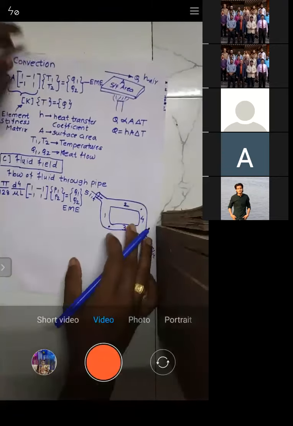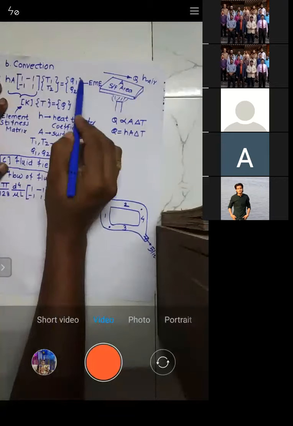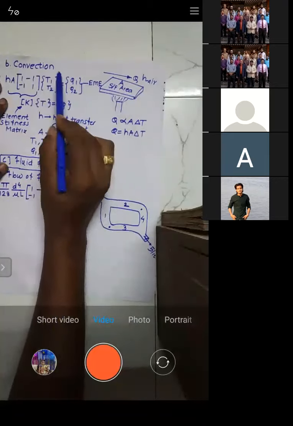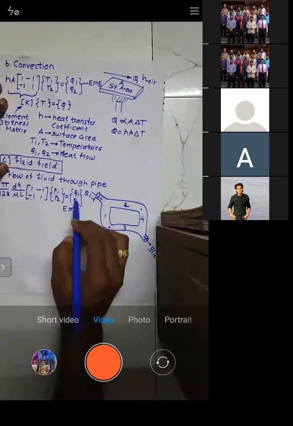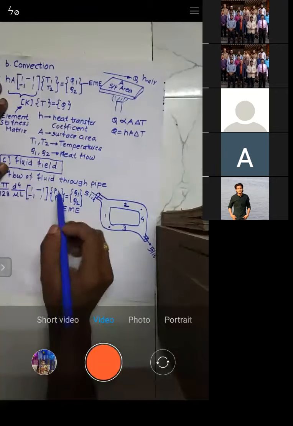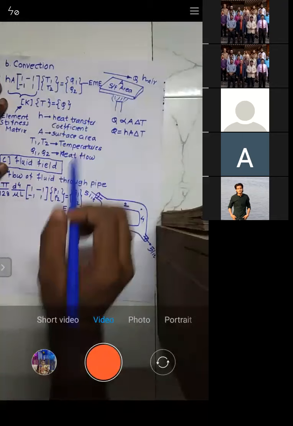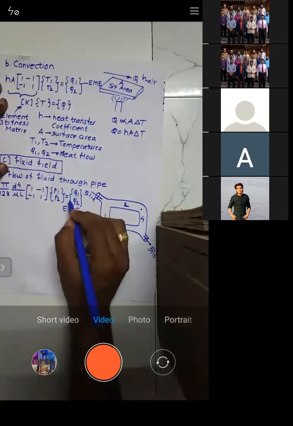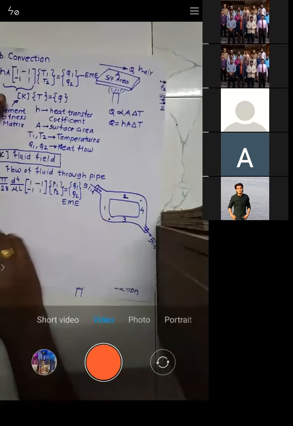Now see, if you want the heat Q to flow, there has to be a temperature difference. Similarly, if you want the fluid to flow, that is, if you want some discharge, there has to be a pressure difference. So this is how it works.